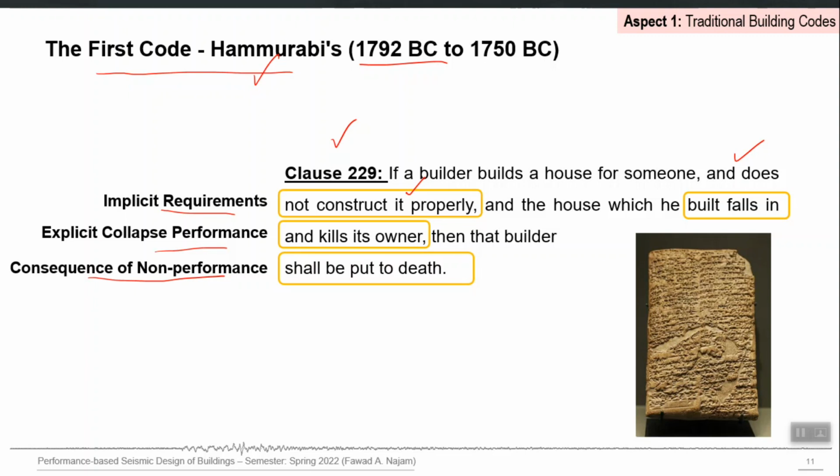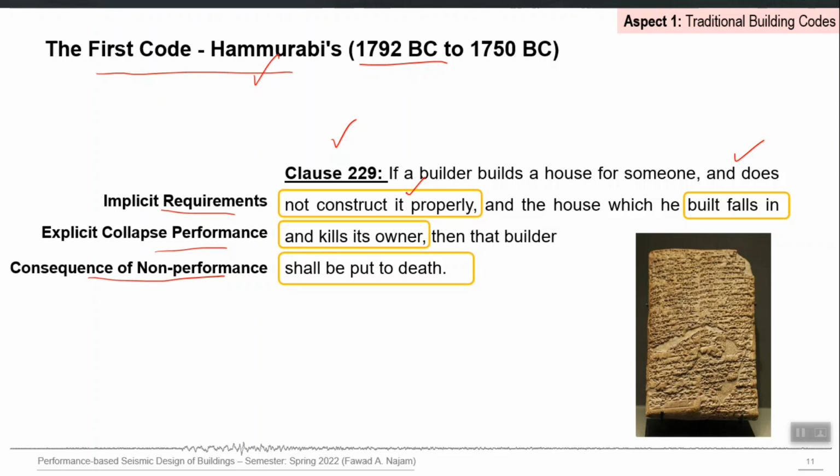So if we had this clause at this time, it would have said that there should be a parapet wall above each structure. It should have this much thickness, this much height, be made of that much material with this much Fc prime and this much Fy. All of those would have been prescriptive, just like today's language of building codes.